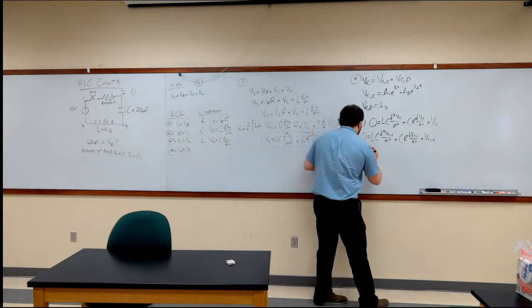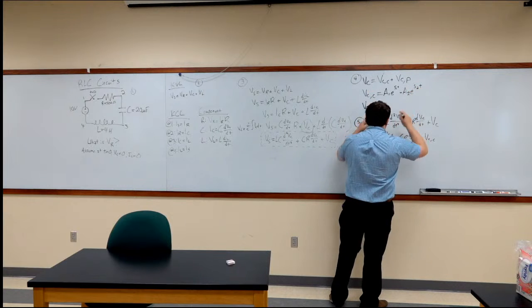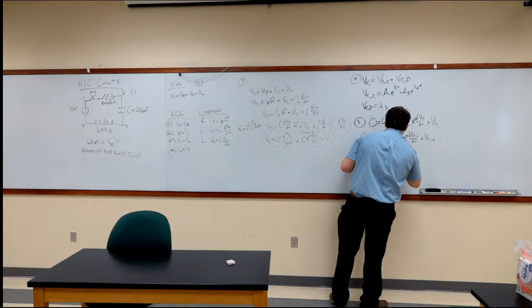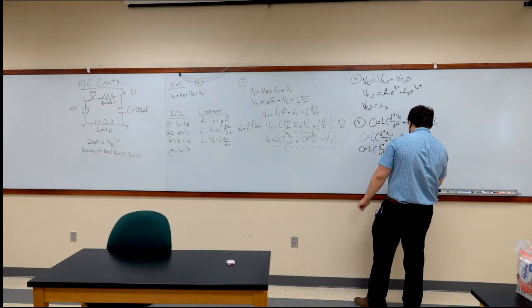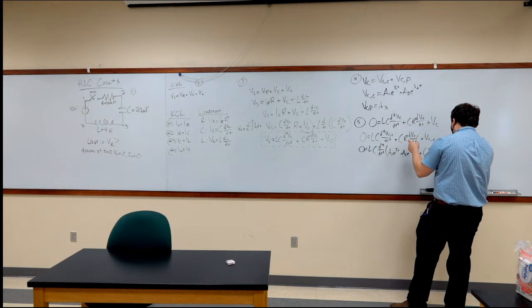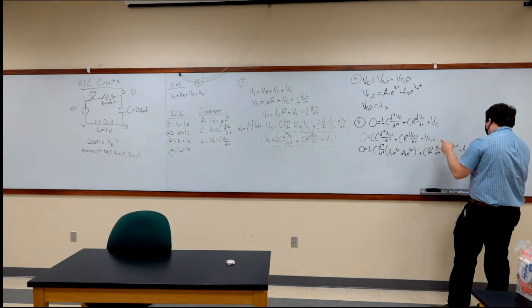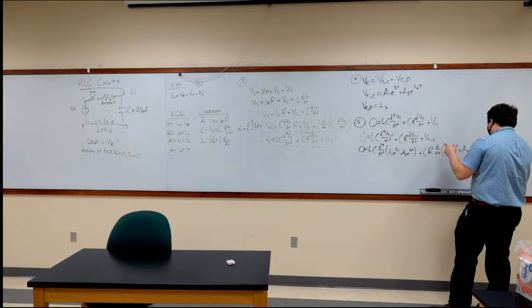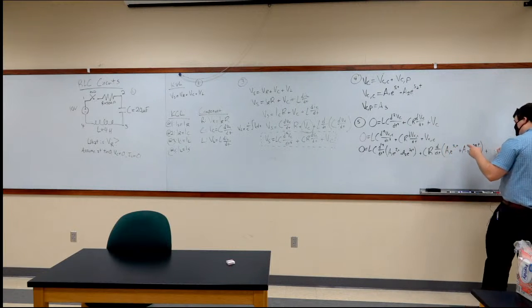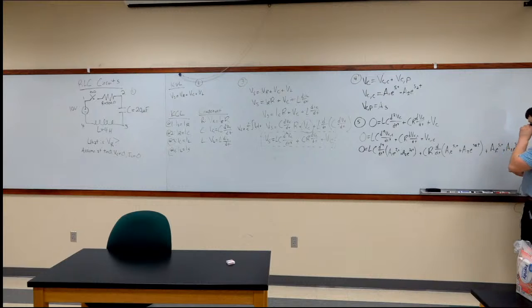So here, LC d squared over dt squared of A1 e to the S1t plus A2 e to the S2t, plus CR times the derivative of A1 e to the S1t plus A2 e to the S2t, plus A1 e to the S1t plus A2 e to the S2t.